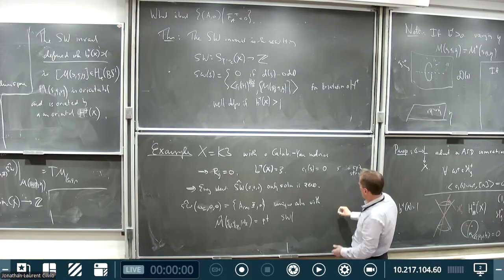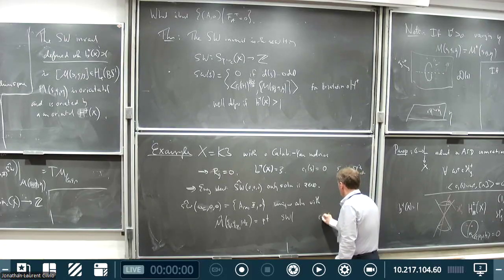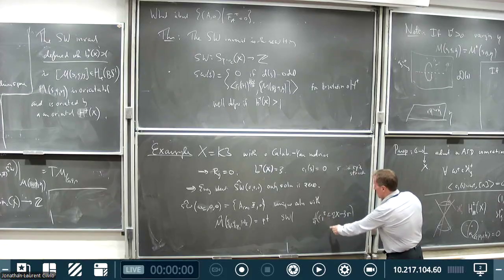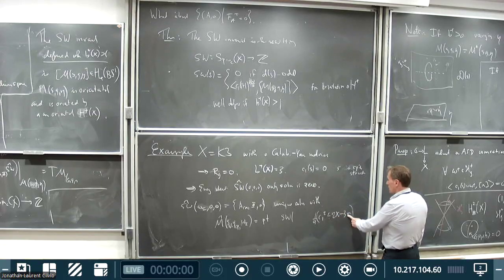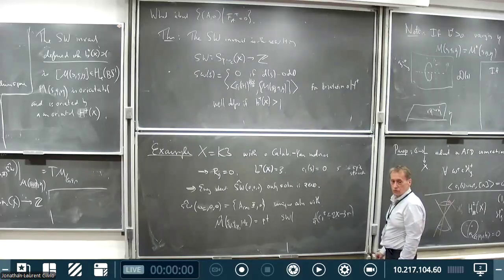By the way, remember 2 chi plus 3 sigma over 4, that's the dimension. c1 is 0. The Euler characteristic of K3 is 24. Signature is minus 16. So that's 0.